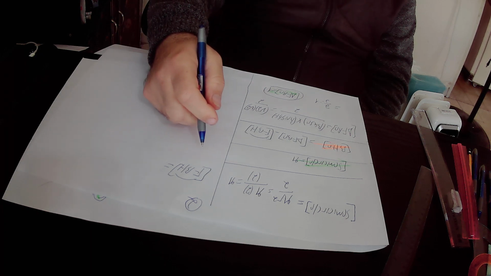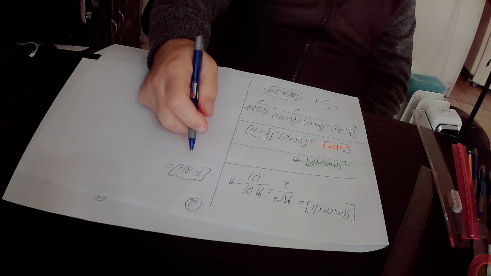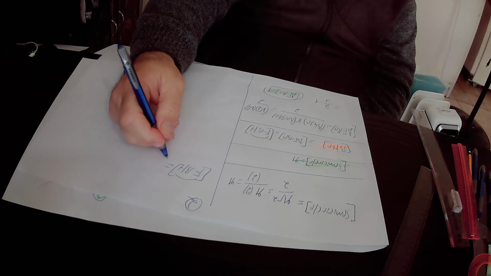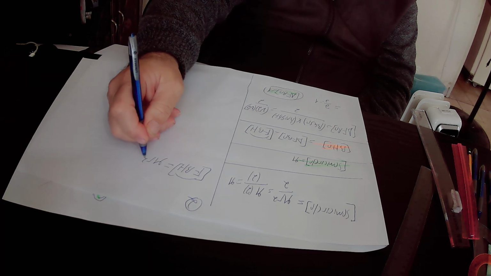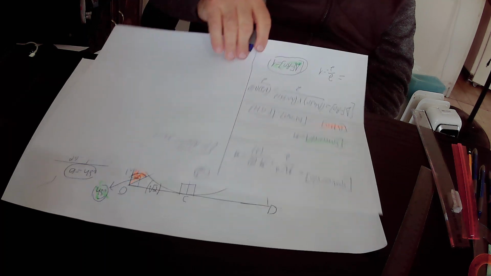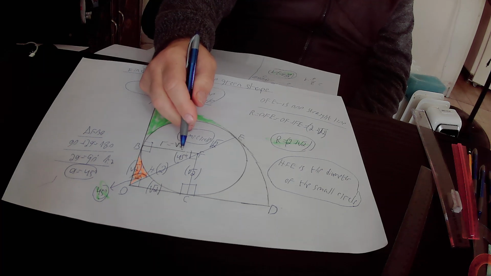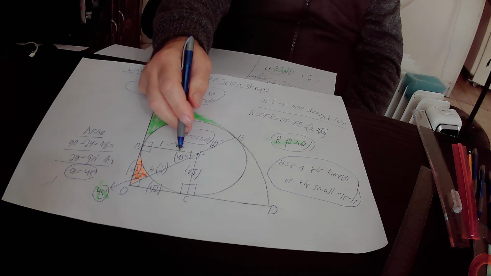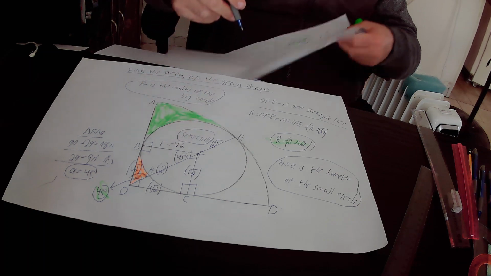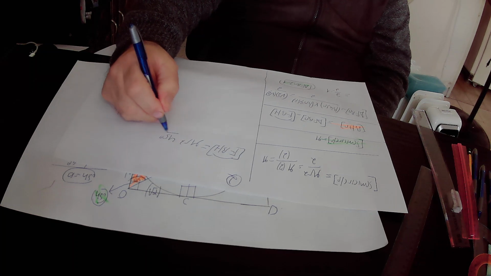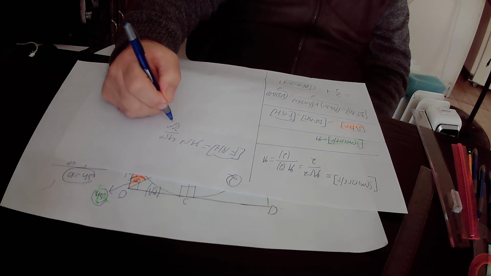The small circle contains the small sector FBH, therefore the area of the small circle is pi r squared. The angle between the legs is 45 degrees, so it is 45 degrees over 360 degrees.